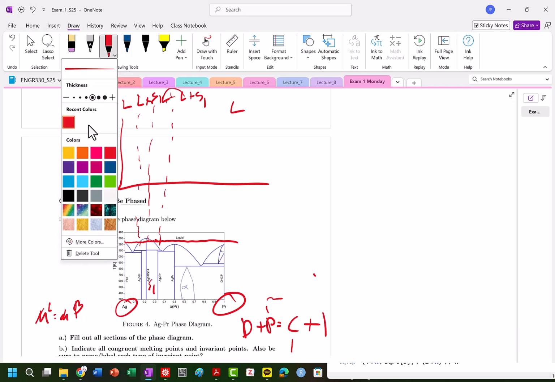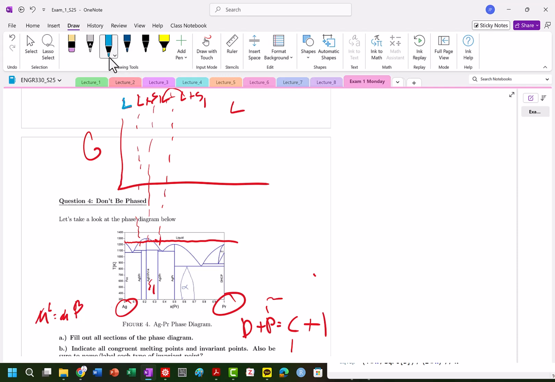So I'm going to change my color. My liquid is going to be blue. When I'm in a two-phase region, I need to have a common tangent here, and then a common tangent just here in this two-phase region.